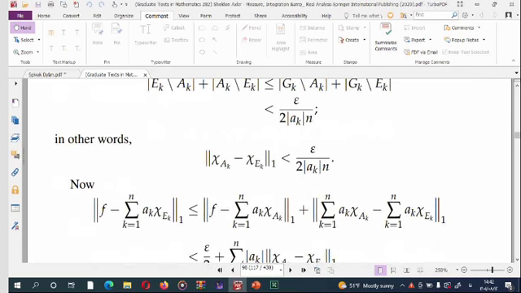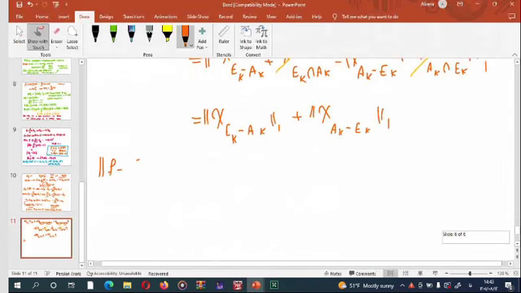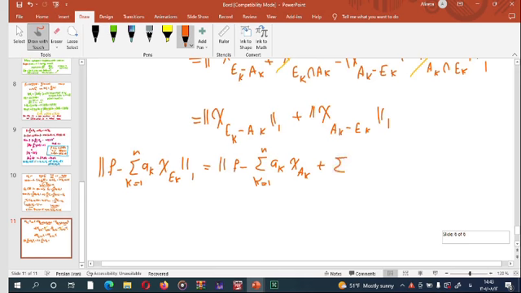Now we can see that the norm 1 of f minus this simple function is less than or equal to the norm 1 of this minus this by triangle inequality, because it's trivial that norm 1 of this, the sum of a_k E_k, equal to f minus the sum of a_k, minus and plus. We added and omitted this.